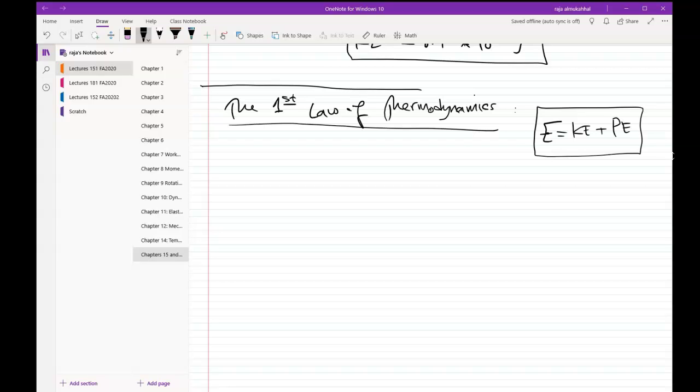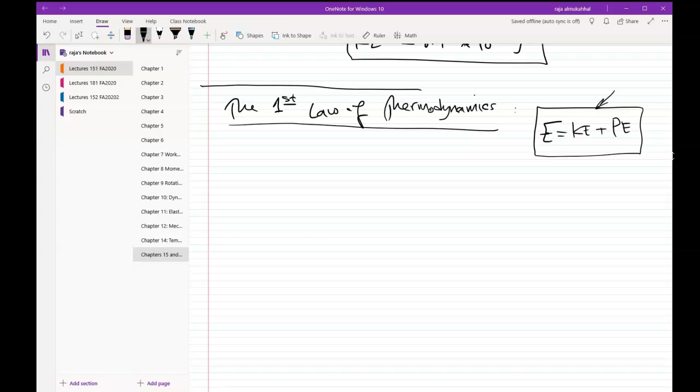You see what I'm saying? Once you start adding heat to the system, it becomes a thermodynamic system. So this formula is fine for a dynamical system, but when you start adding heat to it, you have to include how the system's internal energy changes with that inclusion of heat.